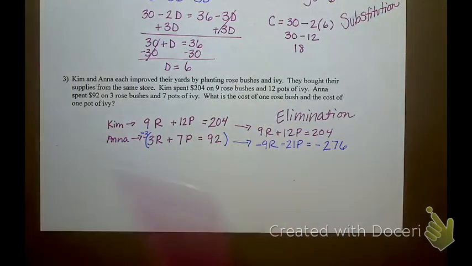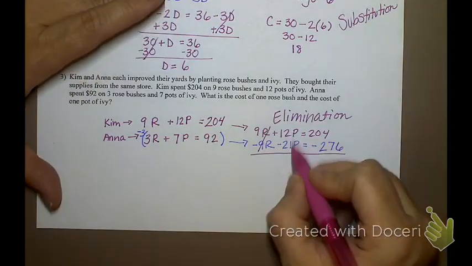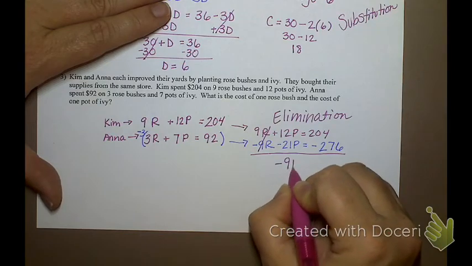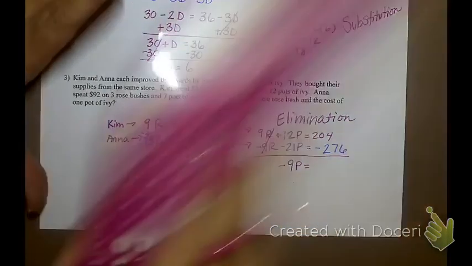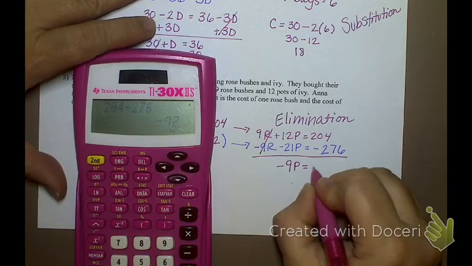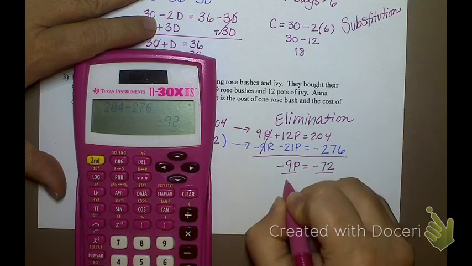And now I can add them together, right? So those cancel. 12P minus 21P, negative 9P. And then 204 minus 276 is negative 72. Divide by what? Negative 9.